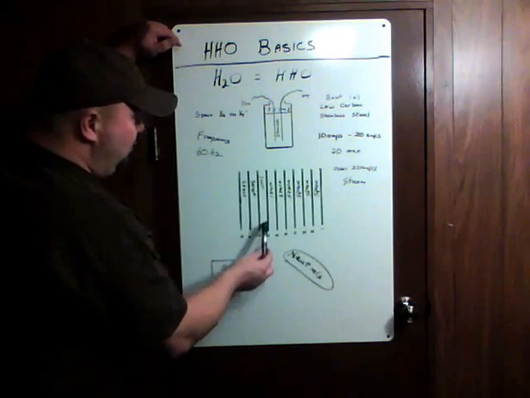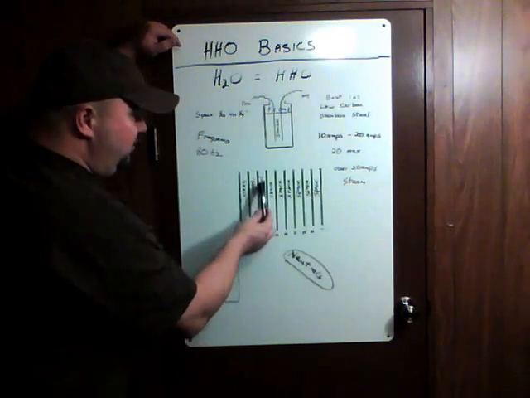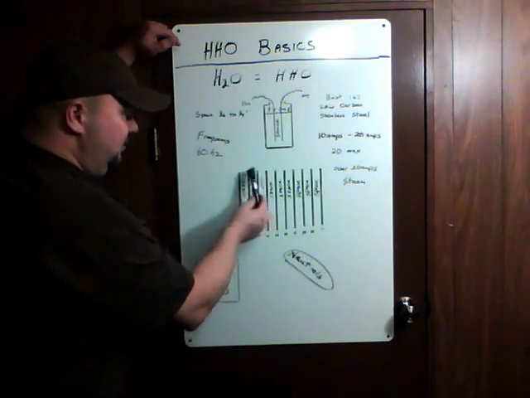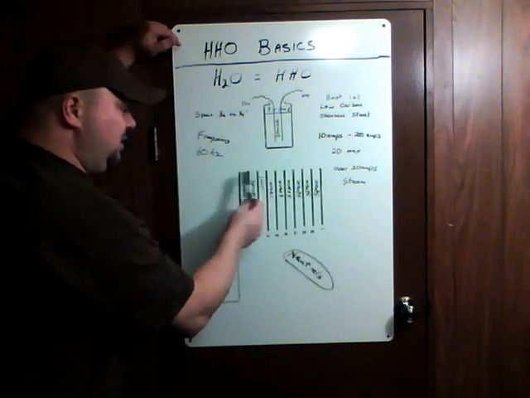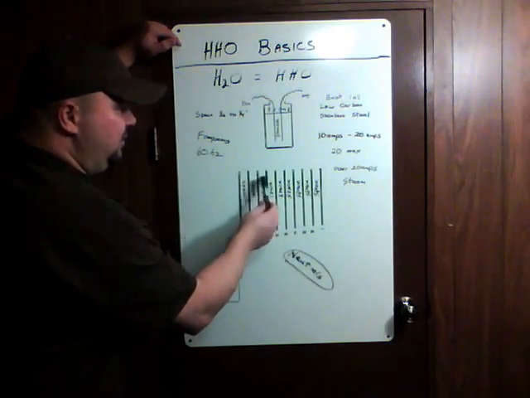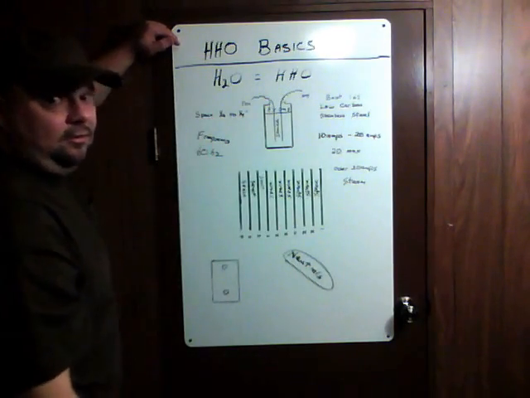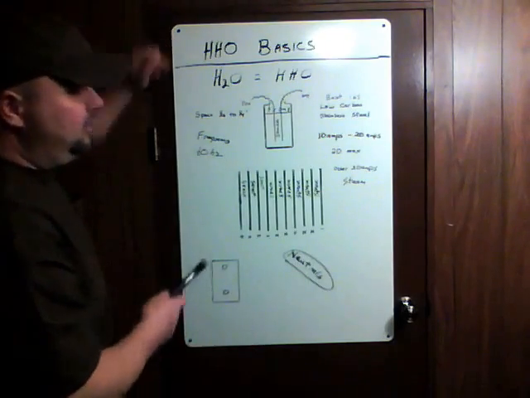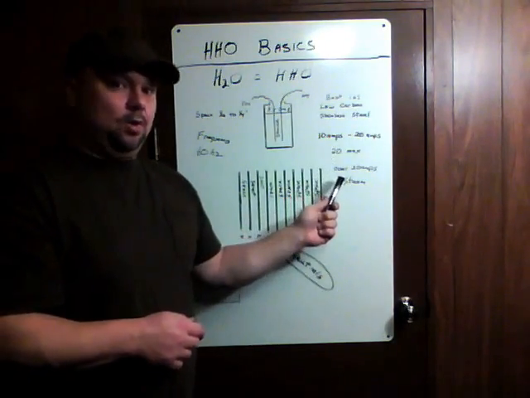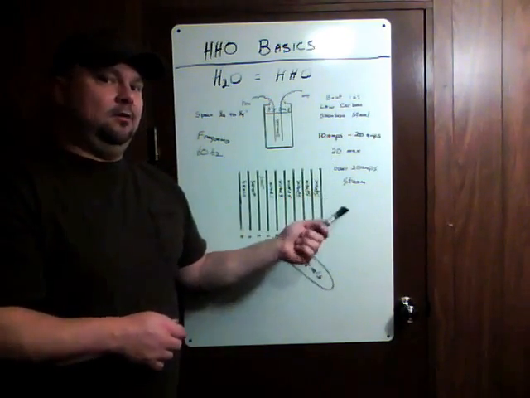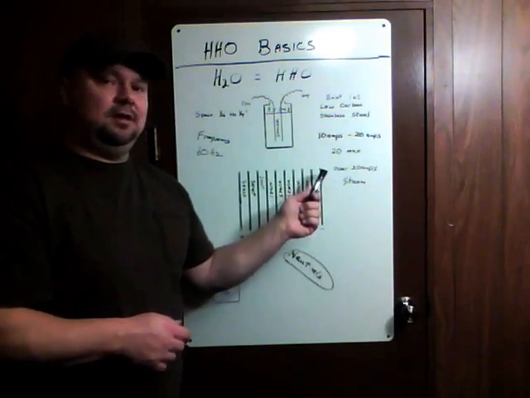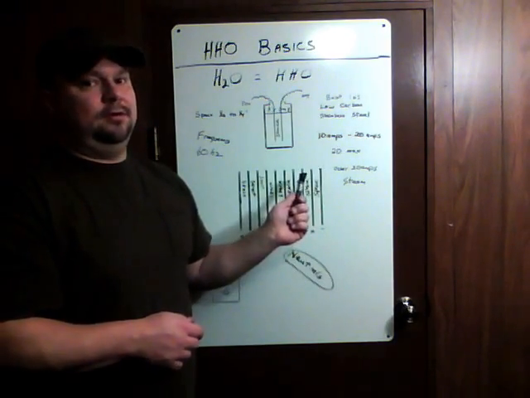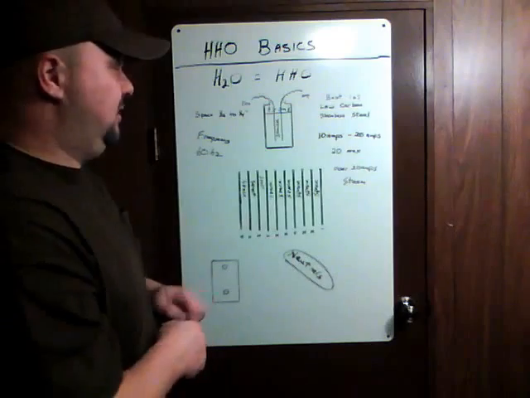We didn't draw any more current, but we actually utilized that wasted electricity that's just kind of sitting in there, doing nothing as it's passing through the water. It's electrifying these plates and it's making hydrogen gas as it goes through. That's how these guys are getting the amps down lower, producing more gas without drawing more amps and keeping the water temperature cooler.